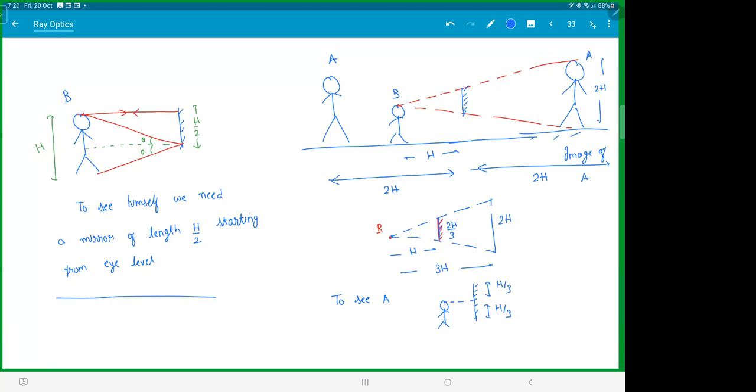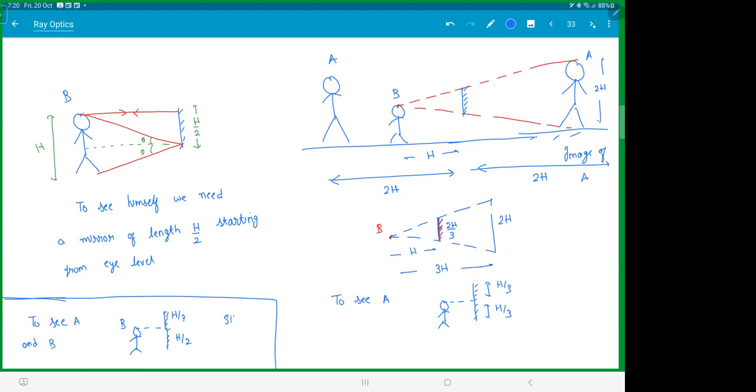Now, if you combine both of them, most people think the answer is 2h by 3 because that looks like the minimum. No. To see A and B, we have to satisfy two conditions. You need to have a mirror h by 2 below your eye level and h by 3 above your eye level. That will satisfy both the conditions.